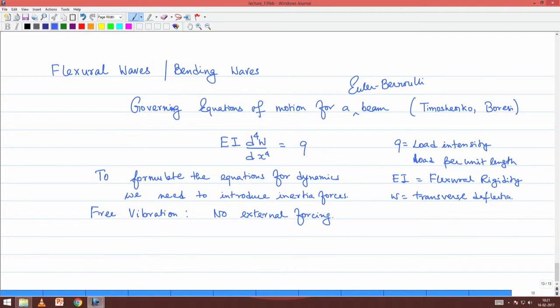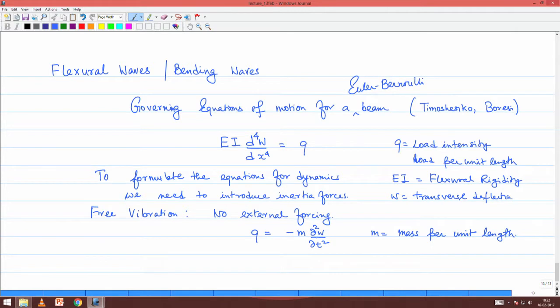The only forcing that has to be accounted for in this term q is going to be the inertia force, and the inertia force will be minus m times del^2 w/del t^2, right, where m is the mass per unit length, because as we said, q is the load intensity, which is the load per unit length.